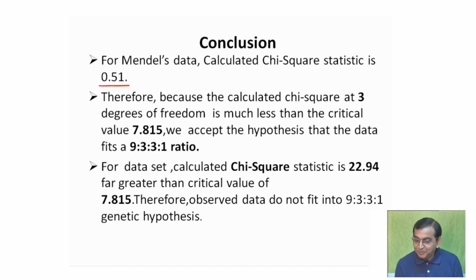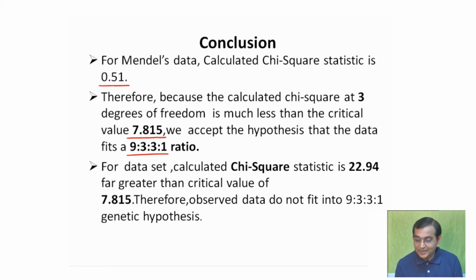Therefore, because the calculated Chi-Square at 3 degrees of freedom is much less than the critical value 7.815, we accept the hypothesis that the data fits the 9:3:3:1 ratio. So there is an agreement between observed and expected numbers.